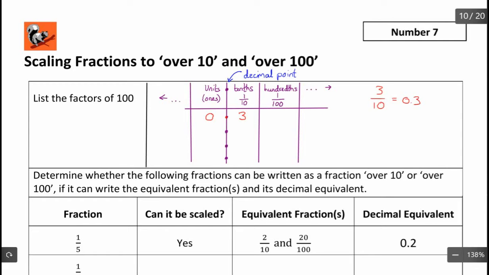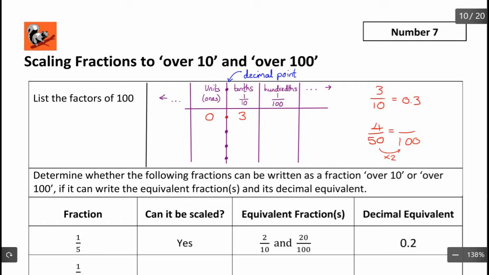If we had a slightly harder one though, let's say 4/50ths, we can't scale that easily into a number over 10. I'd have to divide by 5 there, and as you can see, I can't divide by 5 and get an integer here. So instead of scaling it so that it's over 10, we could scale it so that it's over 100, which this one would do quite nicely.